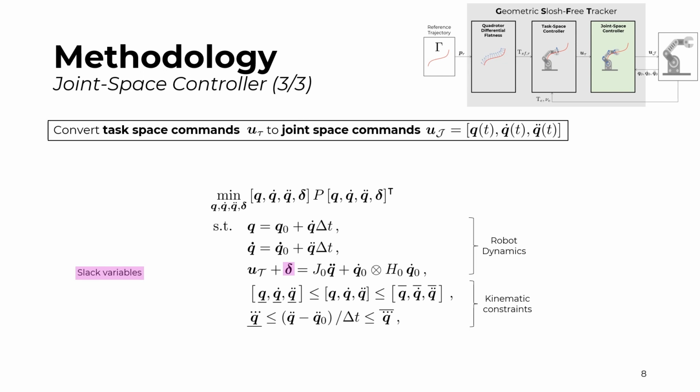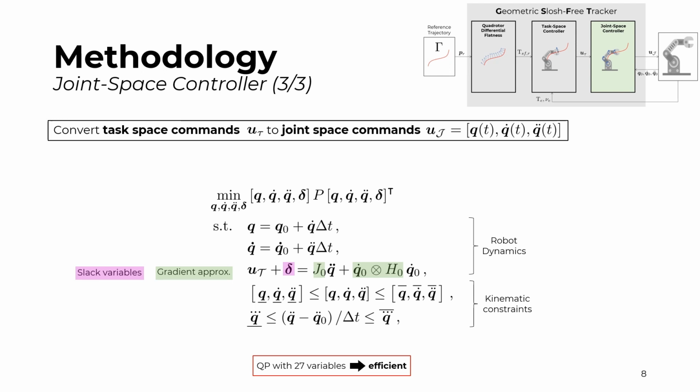These are heavily penalized in the cost function and therefore only get activated if the accelerations commanded by the task space controller are infeasible with respect to the kinematic constraints. Second, to facilitate real-time implementation, we approximate the Jacobian and the Hessian by keeping them constant. This assumption holds true when the optimization problem is solved at a high rate. For example, in the case of a Franka Emika Panda robot, the resulting QP has 27 decision variables and thus can be very efficiently solved.